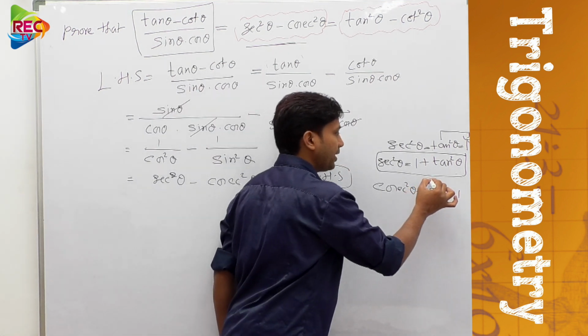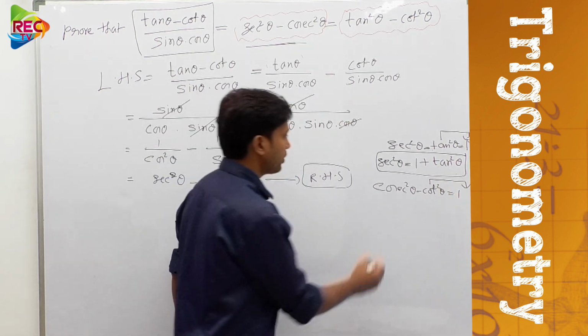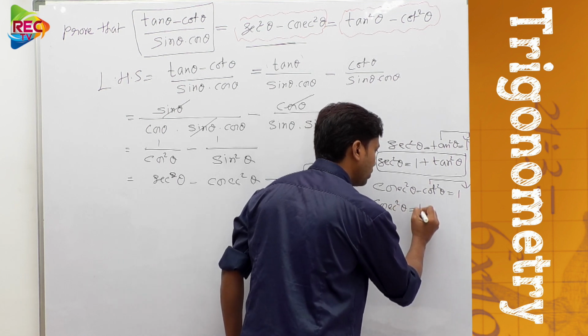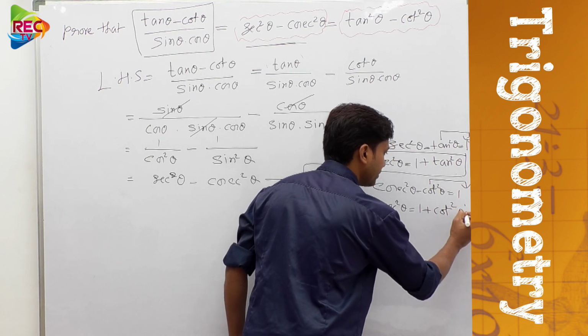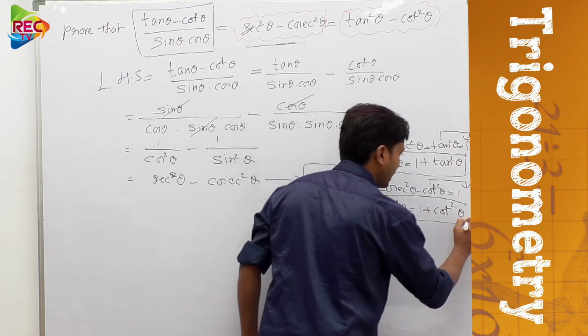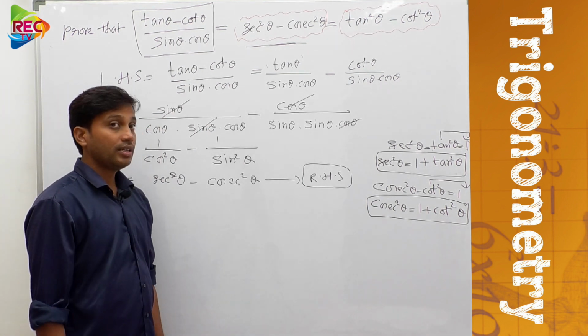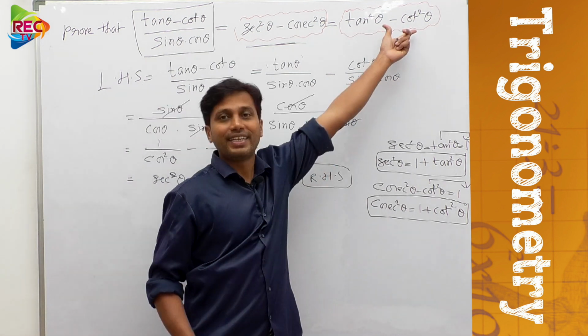If you bring this cot square theta to another side of the equation, it becomes plus. So therefore cosecant square theta equal to 1 plus cot square theta, right. These are the two relations we can use here to convert this answer into our favorable conditions.